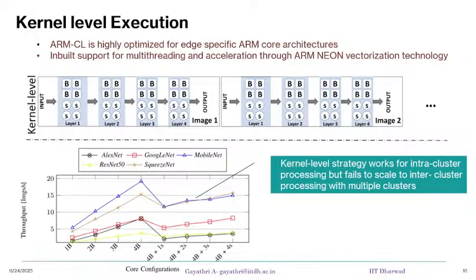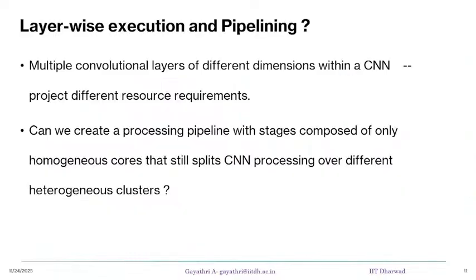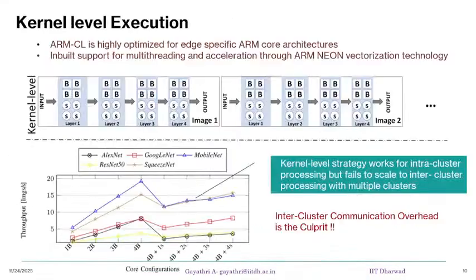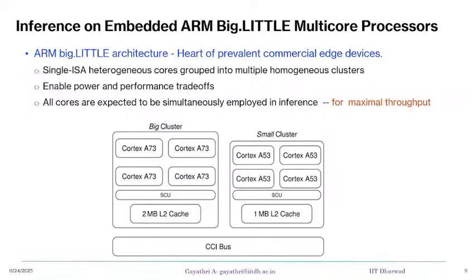Yeah, so as I told you in the last slide, we have a common cache, and when you try to use all the cores, the data is split between both the clusters.